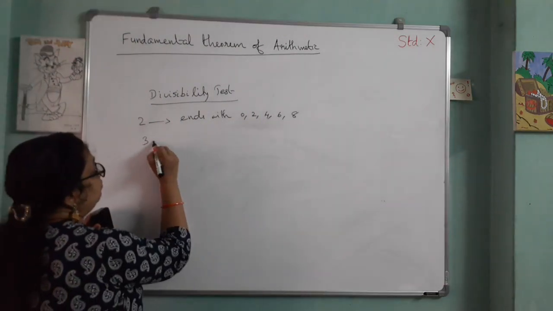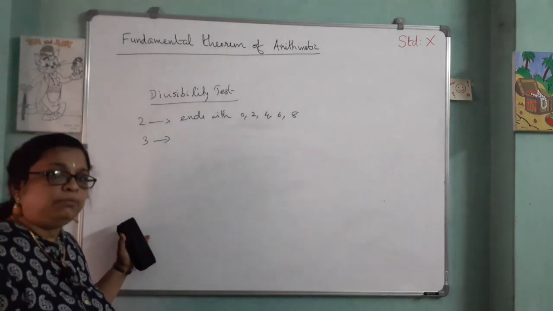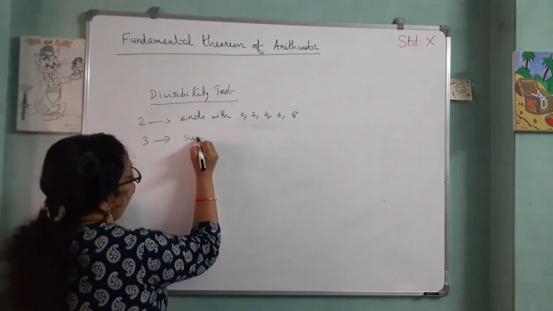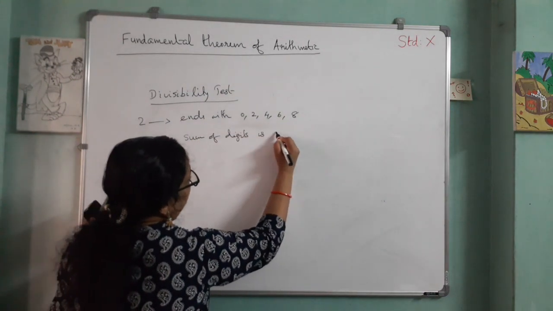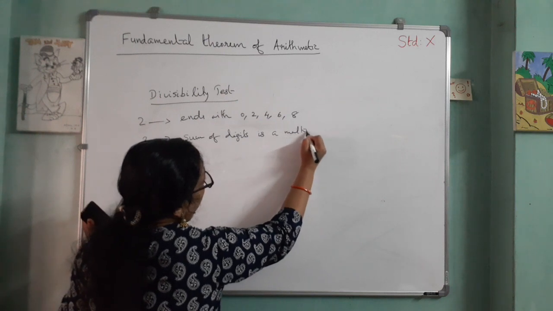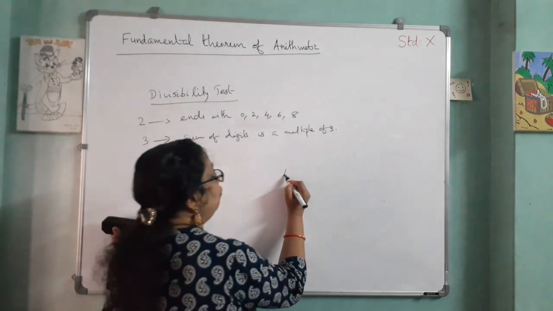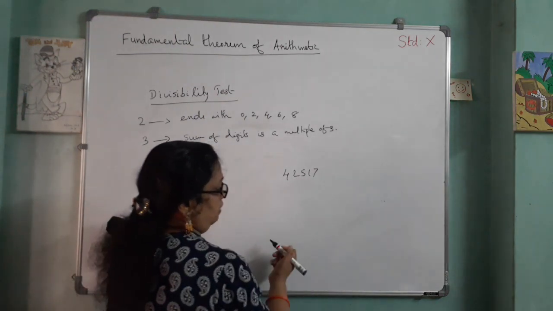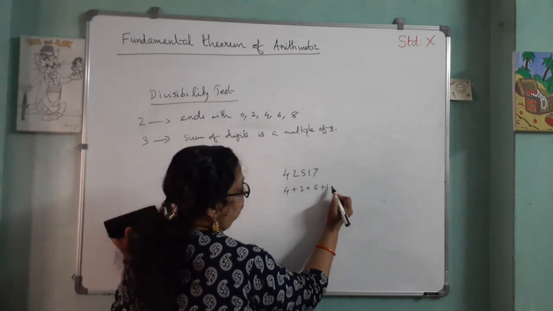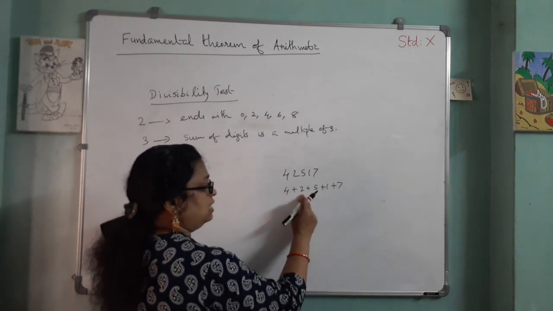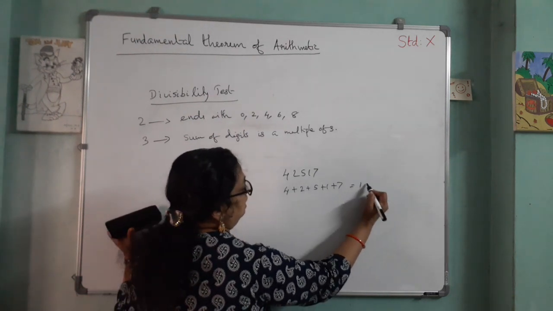Then what about 3? The divisibility test: if the sum of the digits is a multiple of 3, then the number is divisible by 3. For example, 42517. The sum of digits is 4 plus 2 plus 5 plus 1 plus 7. 4 plus 2 is 6, plus 5 is 11, plus 1 is 12, plus 7 we get 19.